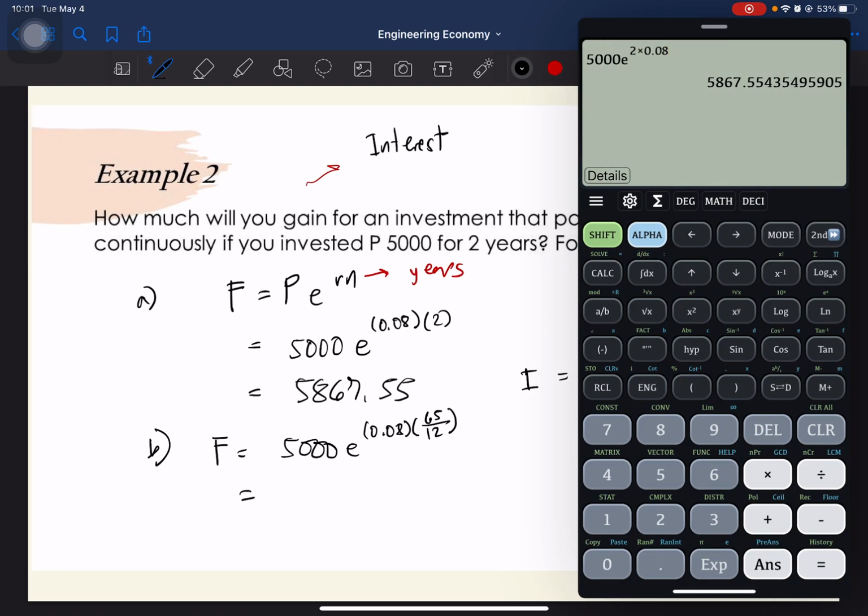Okay, so 5,000 e raised to 0.08 times 65 over 12. So that's 7,711.95. Parang ang laki nun. Wait lang ha.